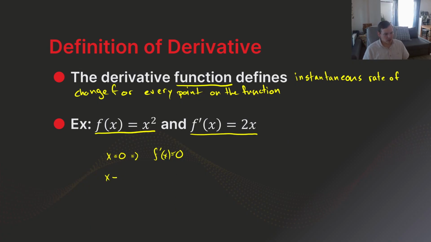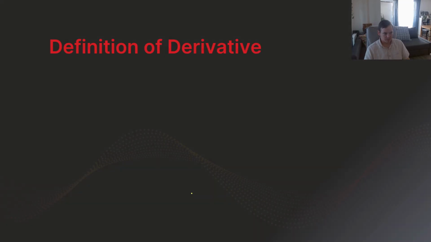The instantaneous rate of change, or the slope, at x equals 1 is going to be 2. At x equals 2 it is going to be 4. The instantaneous rate of change is also the slope of the function, so you can test this. If you graph x squared and find all these slopes, you can see at 0 the slope is 0, at 1 the slope is 2, at 2 the slope is 4, etc.